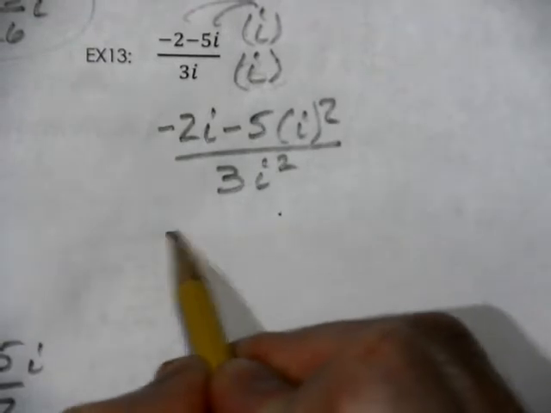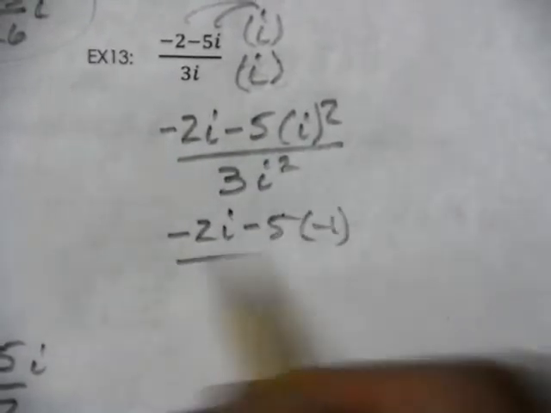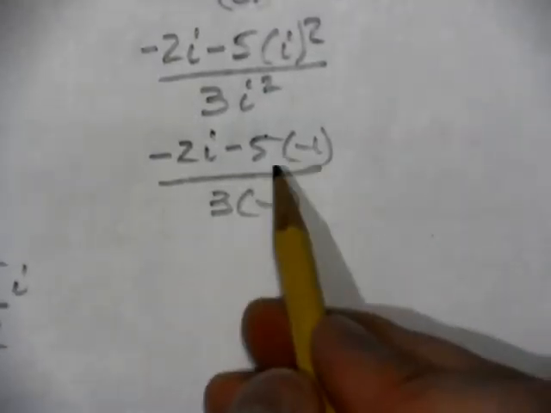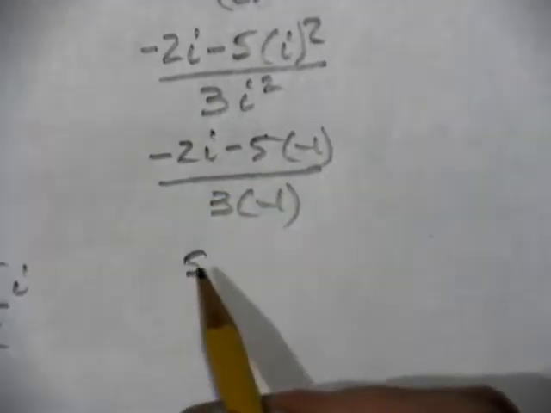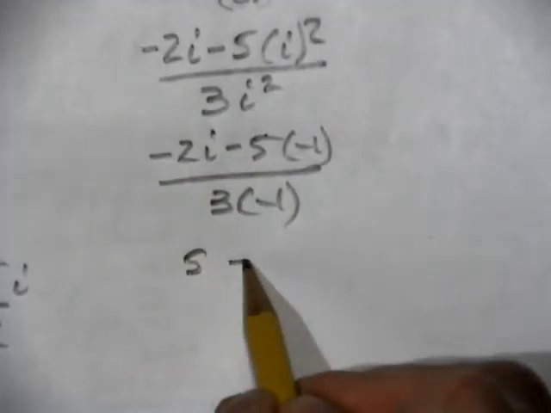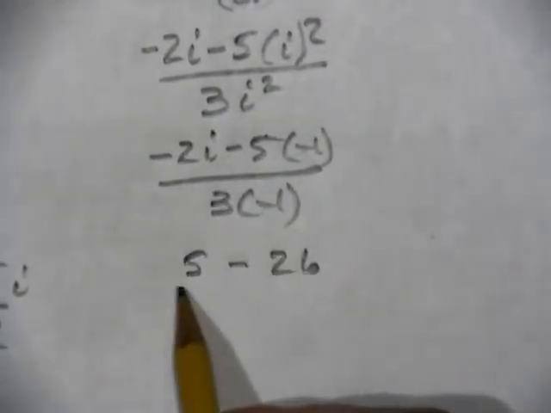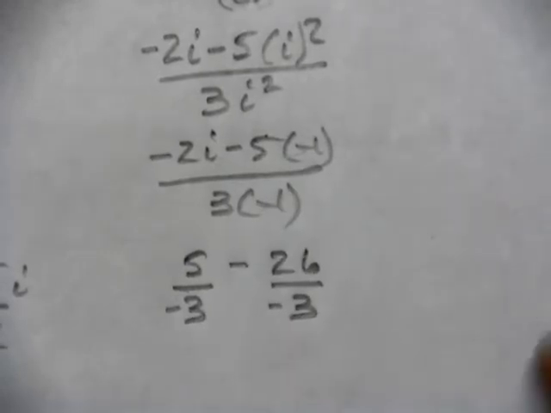So this is going to give us negative 2i minus 5 times negative 1 and 3 times negative 1. This becomes a positive 5. We put our real numbers first, our imaginary numbers second, and 3 times a negative. And we write that at the bottom.